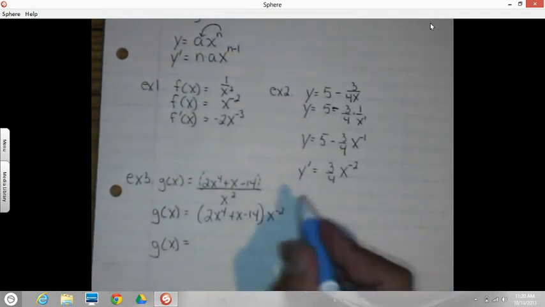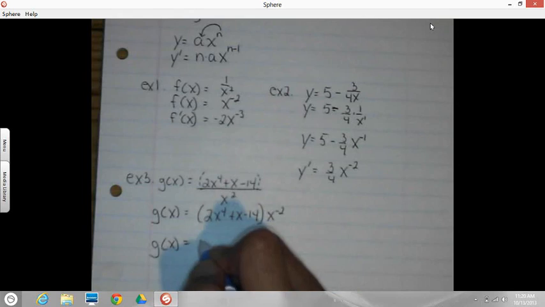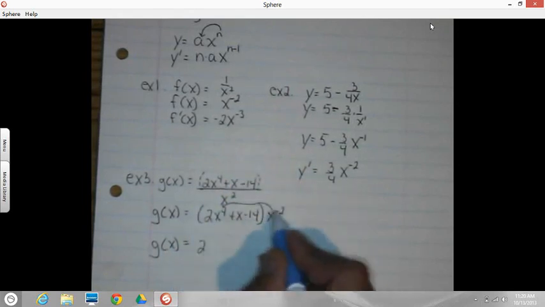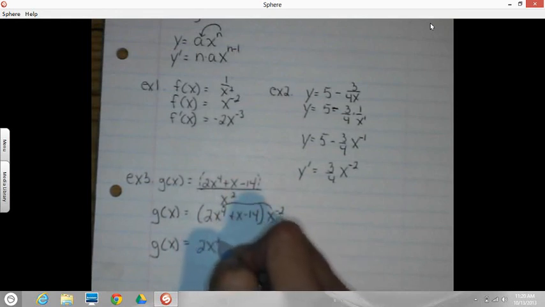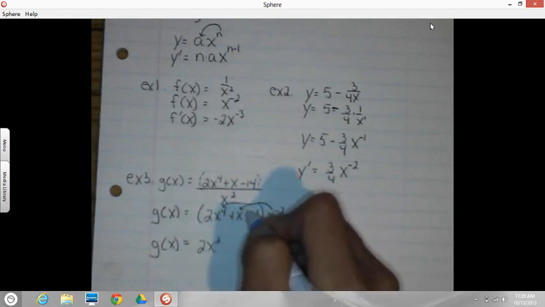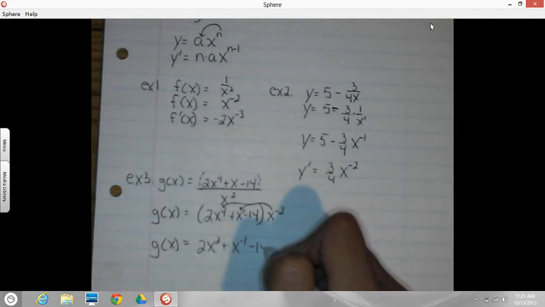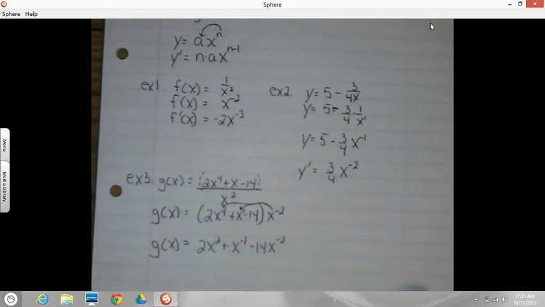So distributing in, I'll get 2, and when you multiply you add exponents. So 4 plus a negative 2 is 2. This is x to the first, adding a negative 2. You get x to the negative 1, and then minus 14 x to the negative 2.